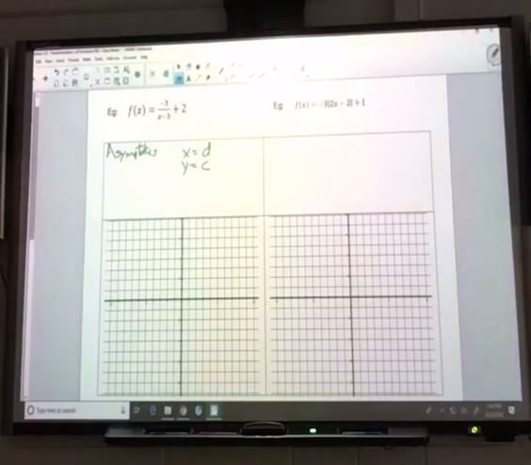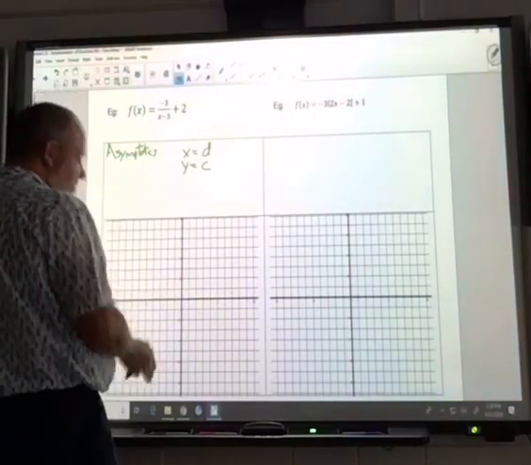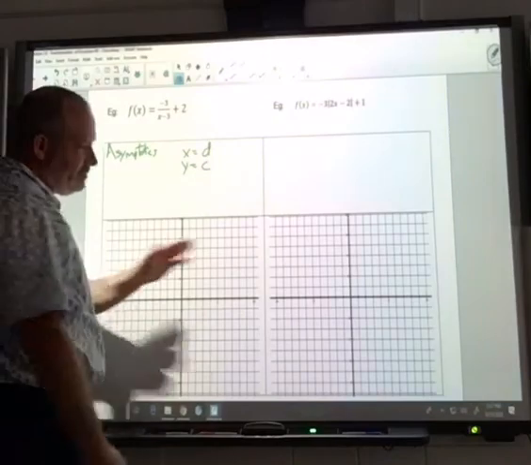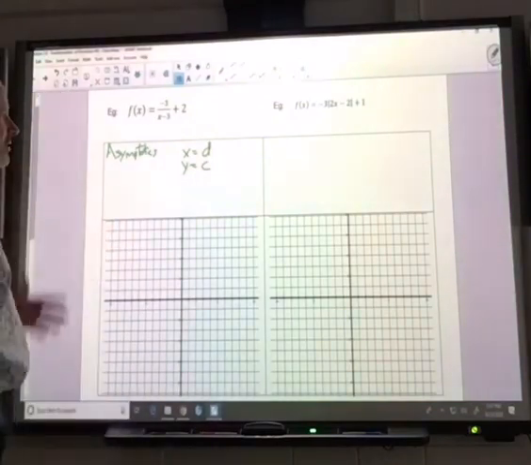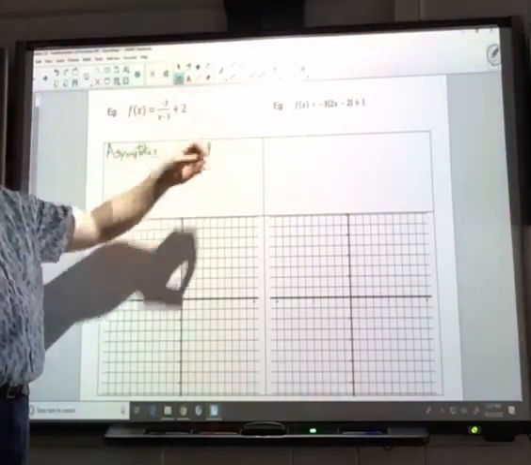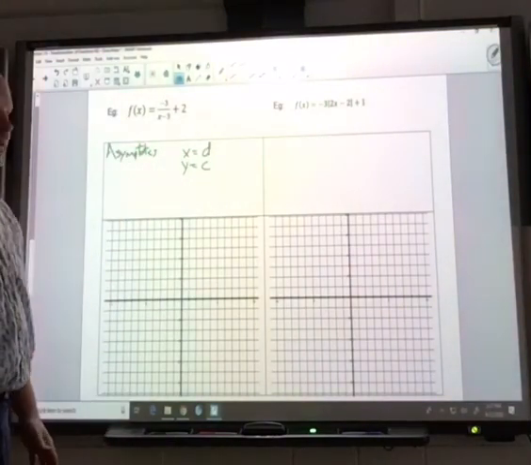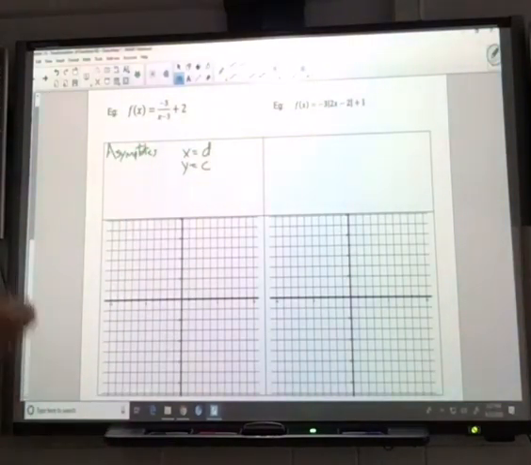So whatever the d value is is one asymptote, whatever the c value is is another asymptote. The d value is like the vertical asymptote, and the c value is the horizontal asymptote. So as soon as we see the d and the c value, we can draw our asymptotes right away. And that's going to help you do transformations and things like that.